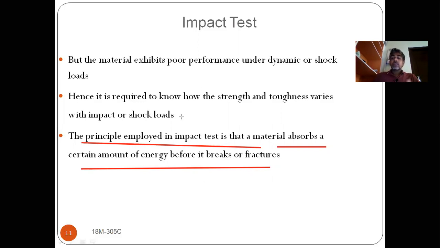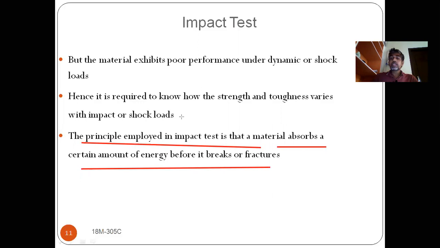In this, what points should we concentrate on? The first point is why we should go for the impact test: materials may exhibit good strength at static loading, but they may not be good at dynamic loading, that means they may fail at an earlier stage. To know the behavior of a material at impact, that is at dynamic loading, we have to perform the impact test.